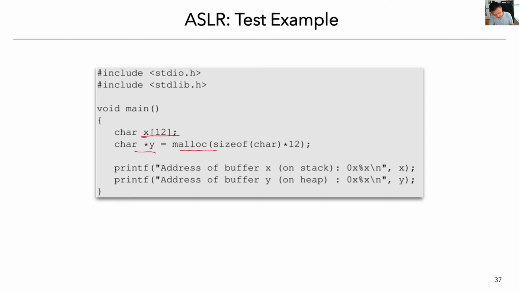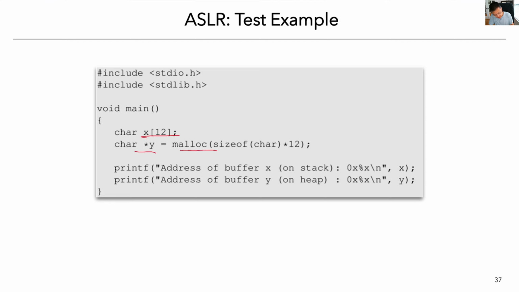Here we see x, and in the second run, it gives the same result. If this number is set to 1, it means randomize the stack only. So we get a different address for the stack, but the same address for the heap.